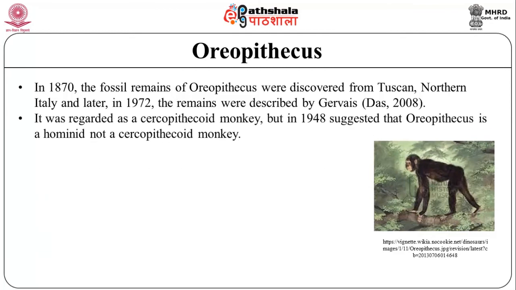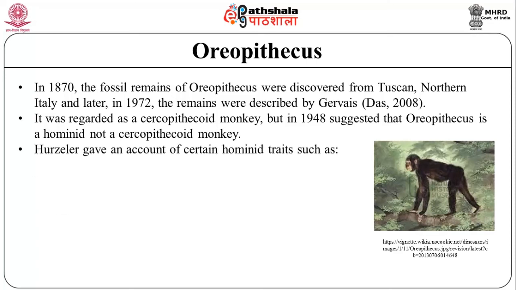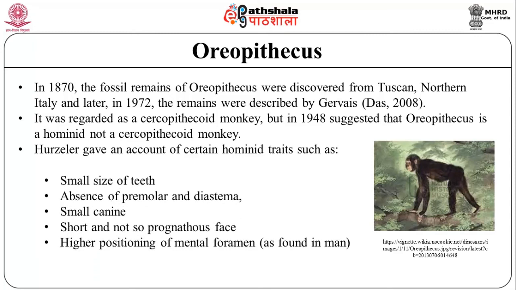It was regarded as a cercopithecoid monkey, but in 1948 Hürzeler suggested that Oreopithecus is a hominid, not a cercopithecoid monkey. Hürzeler gave an account of certain hominid traits such as small size of teeth, absence of premolar diastema, small canine, short and not so prognathous face, and higher positioning of mental foramen as found in man.